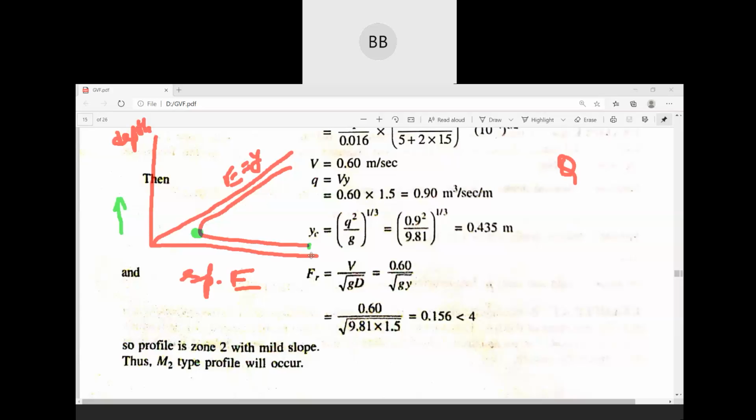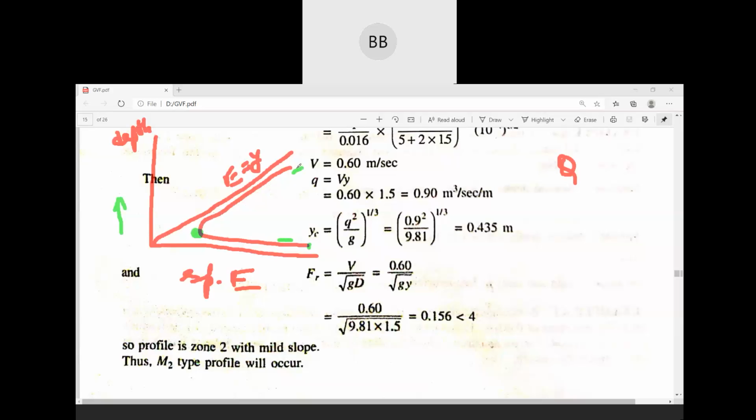So for a smaller depth, when you increase the depth, initially the specific energy reduces and reaches a minimum value. After that, if you increase the depth of flow further, the specific energy again increases.